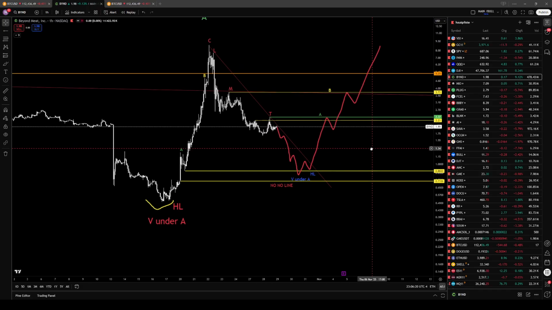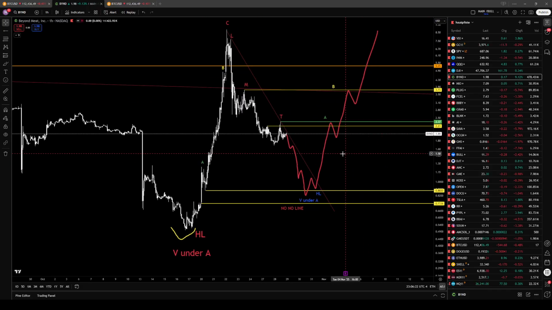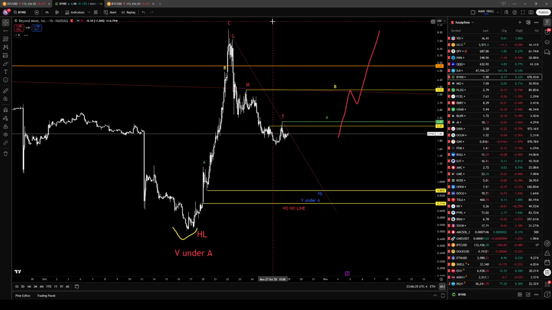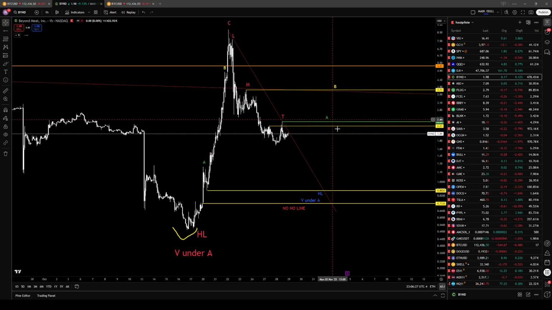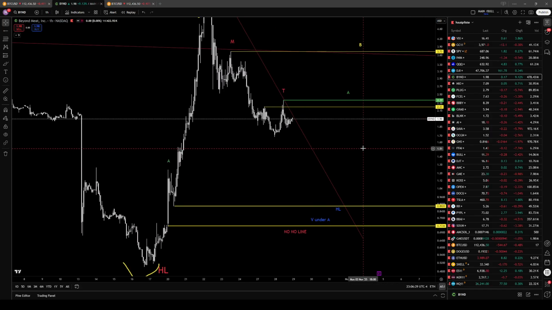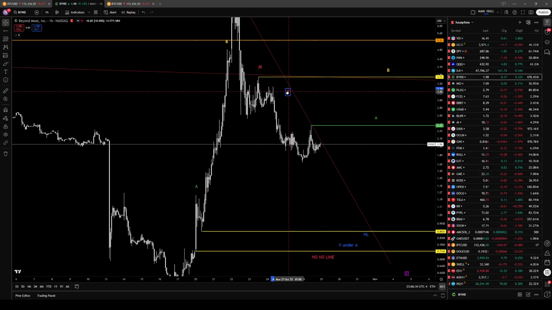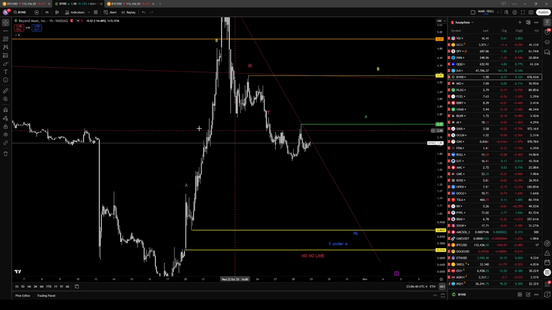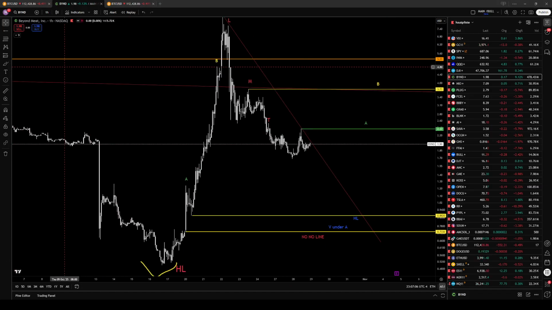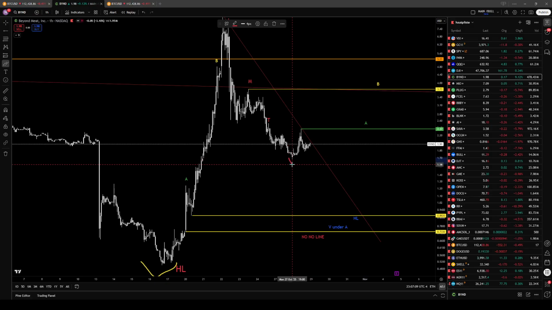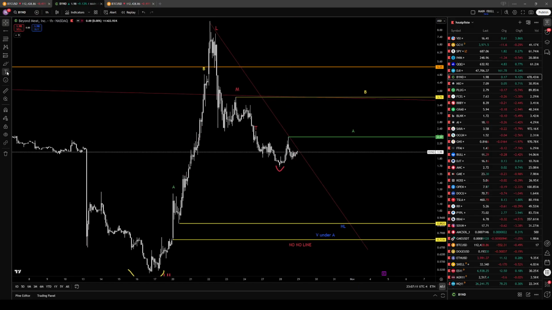So for the bullish tracking, for the alternative, which I'm not really behind but always showing: this here was your T. This here would be your V. And this here is your higher low.